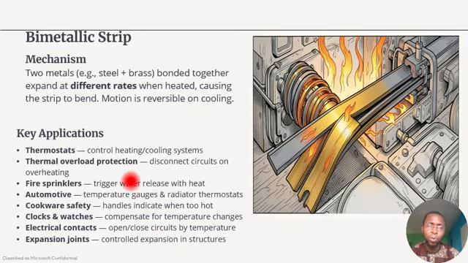Okay? Now, another application is called the bimetallic strip. A bimetallic strip simply means two metals that are combined together, for example, steel and brass. When they are combined together and you subject them to heat, the one with the lower expansivity will bend inward. Let me give you an example of what I'm saying, with a diagram.